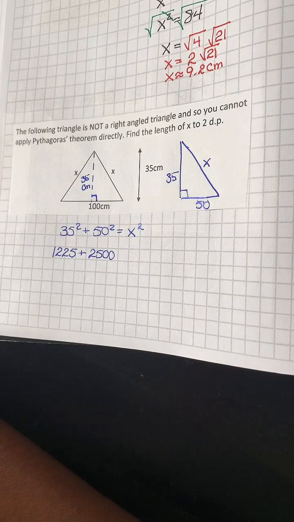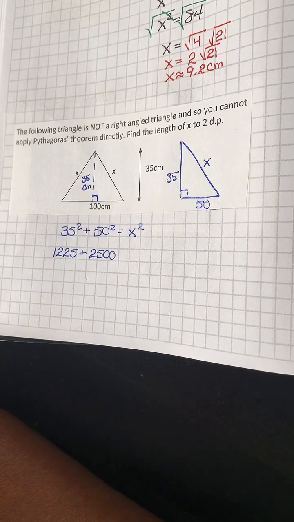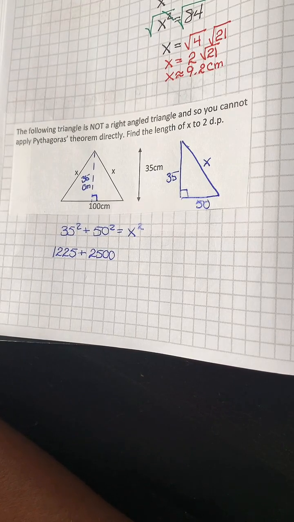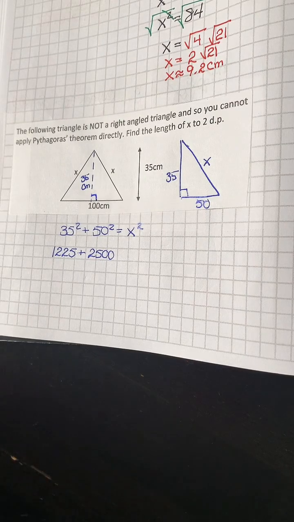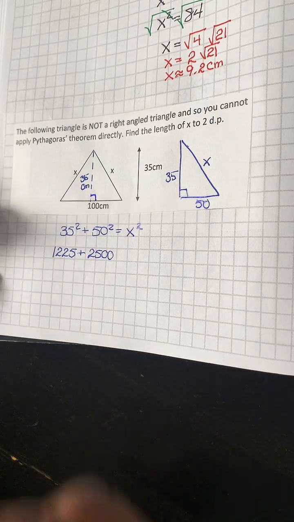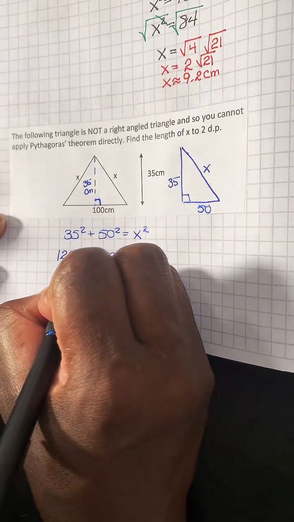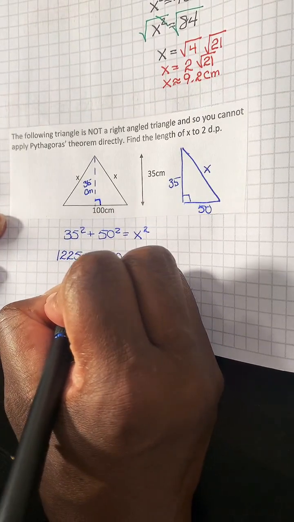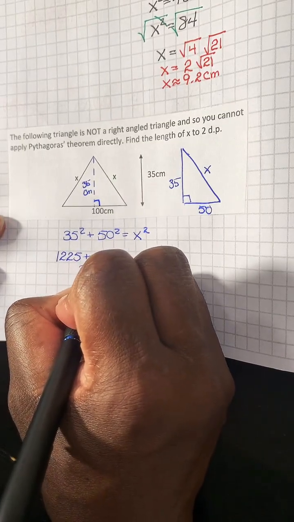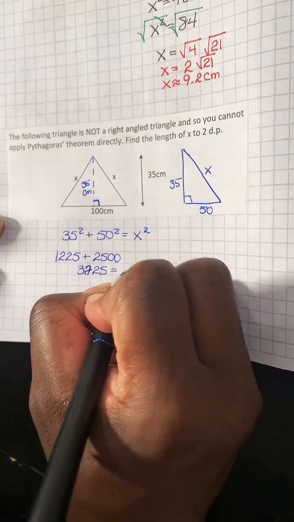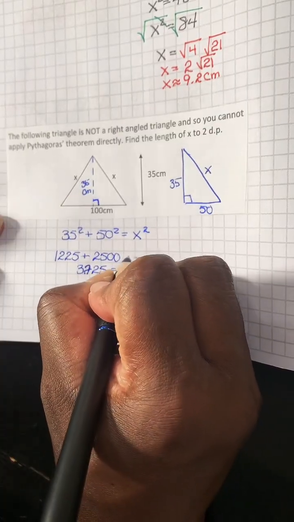So now, let's get that 2,500 plus that 1,225. Then we have our 3,725. Got that part. Oops, almost forgot about the 7. Going too fast. All right, so that'll give me my x squared.